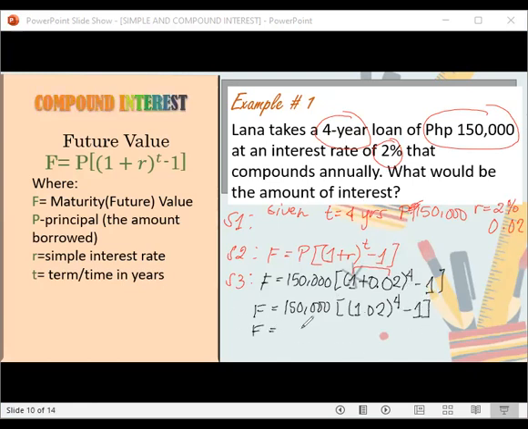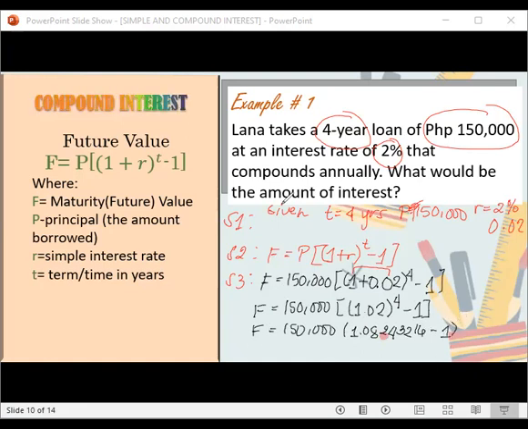So, next is yung exponent naman. 150,000. So, 1.02 raised to 4. Mahaba-haba ito. 1.08243216 minus 1. Don't forget.